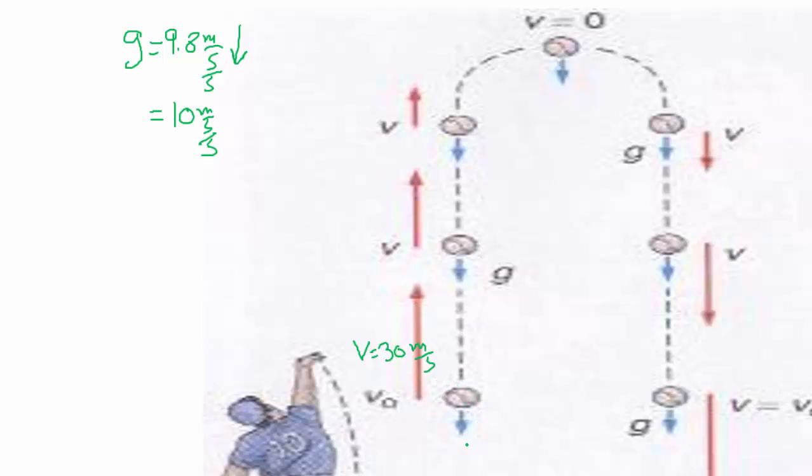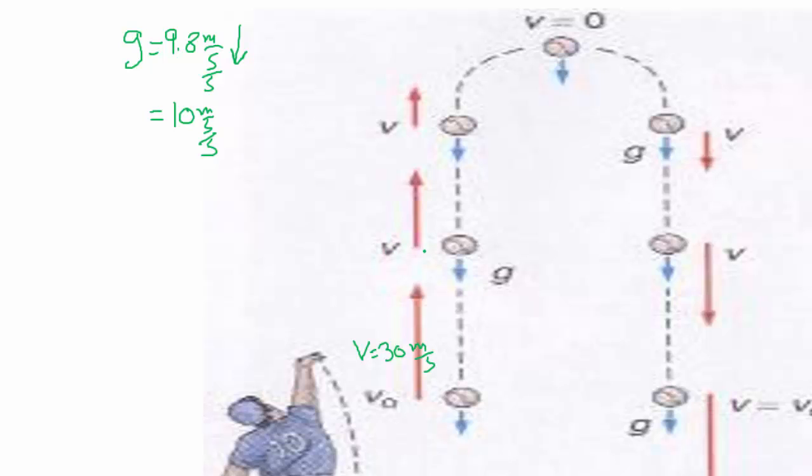Since g is acting downward and the ball is moving upward, the acceleration due to gravity is opposite to the direction of motion, so it will reduce the speed after 1 second from 30 meters per second to what? To 20. So the velocity will decrease at a rate of 10 meters per second each second.